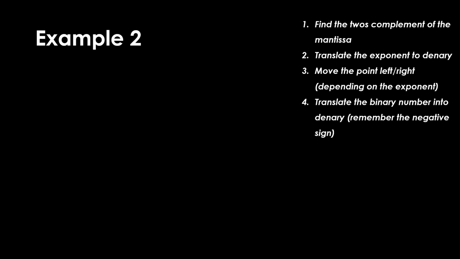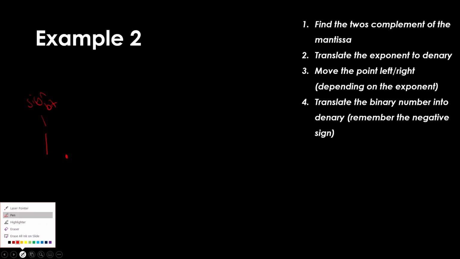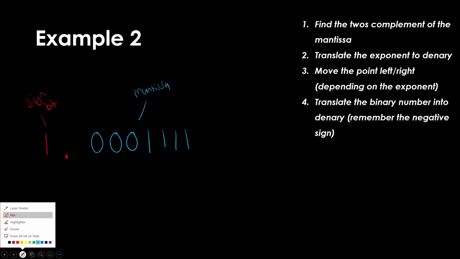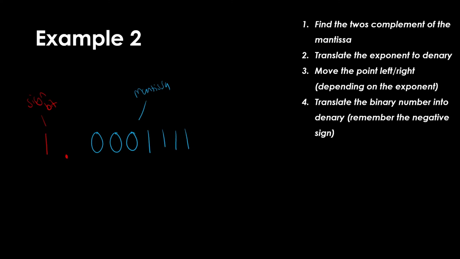So we have a sign bit of 1. Our mantissa is going to be equal to 0 0 0 1 1 1 1. That's going to be our mantissa. And we're going to have an exponent of 0 1 0 0.